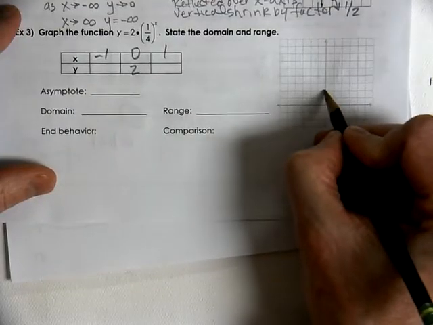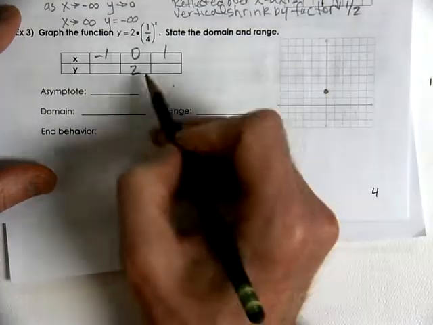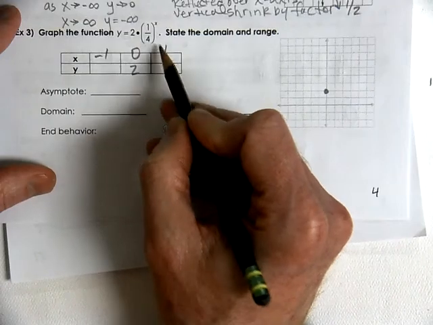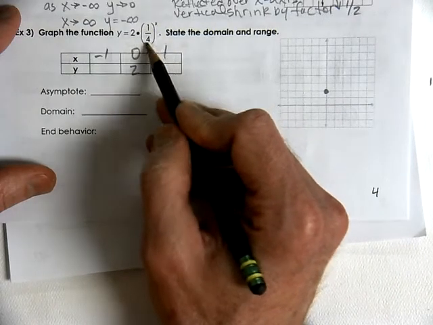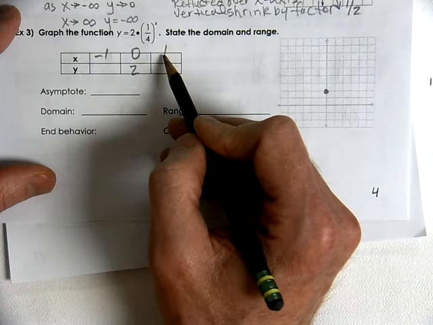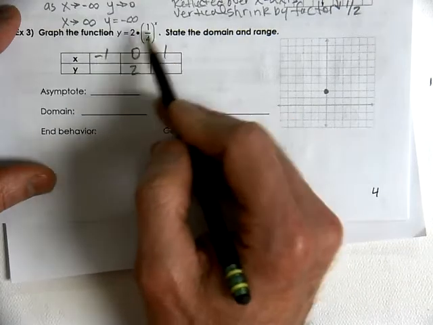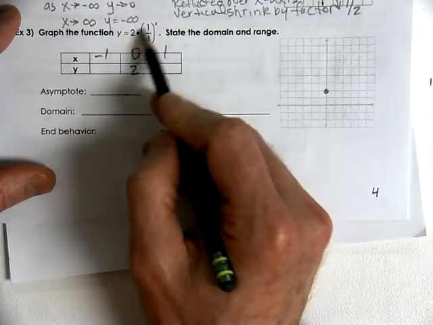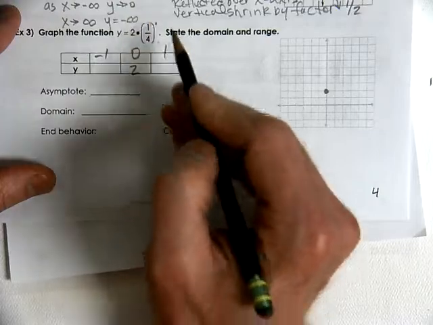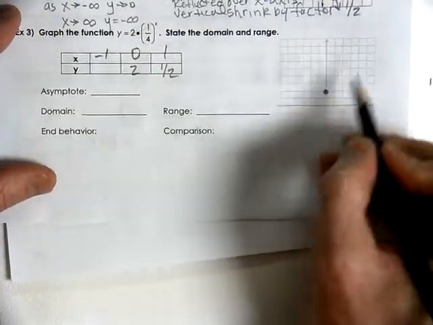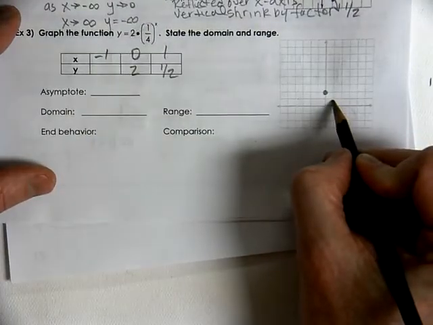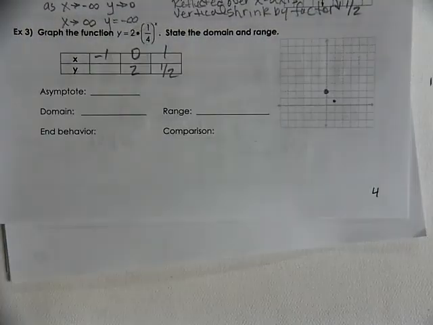So at 0, we're up at 2. 1/4 to the first power gives us 2 times 1/4, so 2 over 4, which is 1/2. So that's the fourth. 1/4 of 2 is a quarter.